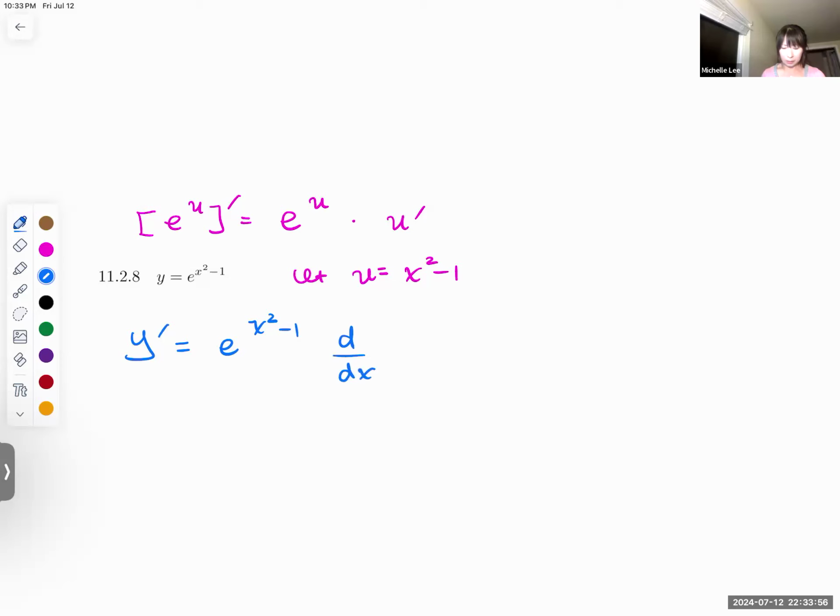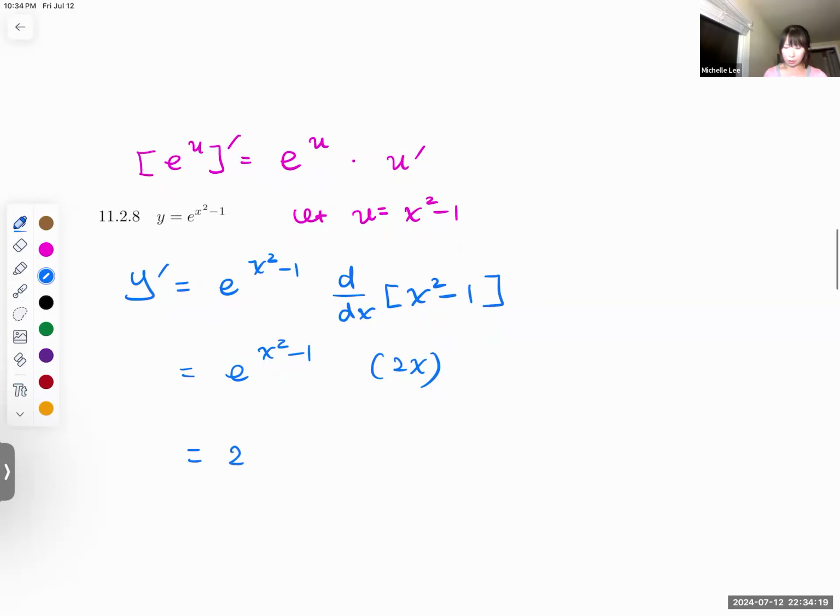The derivative with respect to x squared minus 1 is u prime. Then we have e to the x squared minus 1, and the derivative of x squared, which is 2x. So we can rewrite it as 2x e to the x squared minus 1.